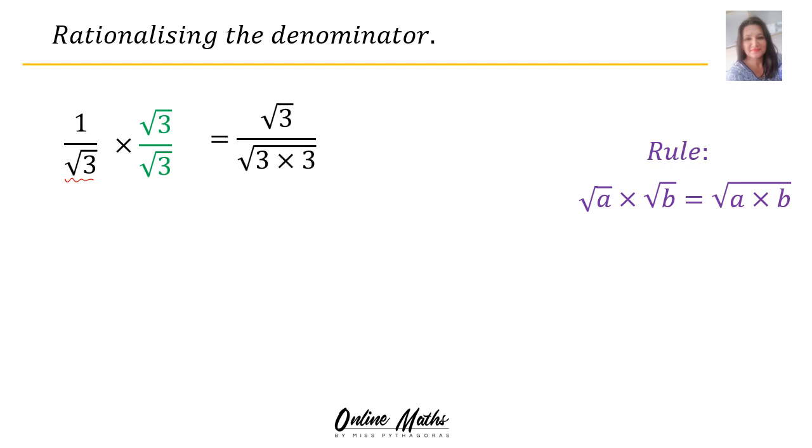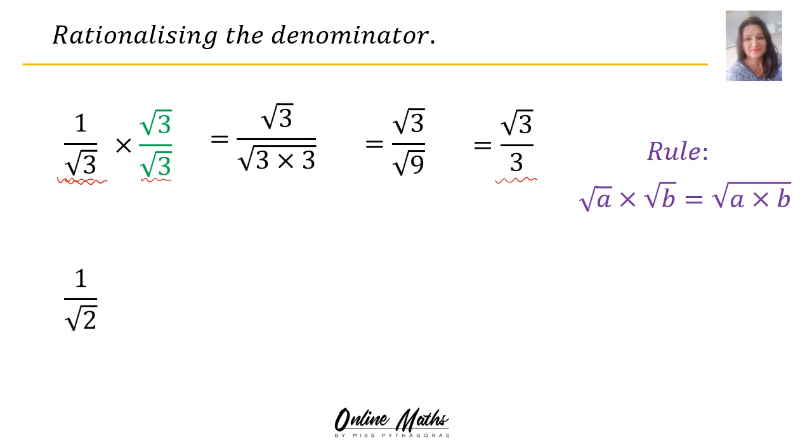At the bottom, this is now the rule, root 3 times root 3 is under 1 root, 3 times 3, which is 9, and then the square root of 9 is 3. Now, if you look at this number, root 3 over 3, it is 1 over root 3, but with a rationalized denominator. Let's do another one.